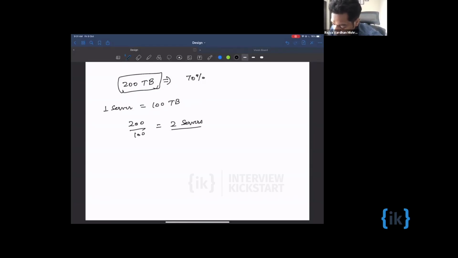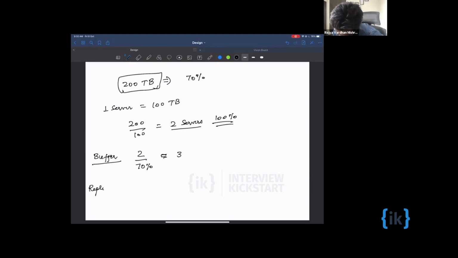And these two servers would be running at 100% disk capacity, so we need to have some kind of buffer here. First, you add the buffer, so you divide this 2 by 70%. This is 3, so you need 3 servers.